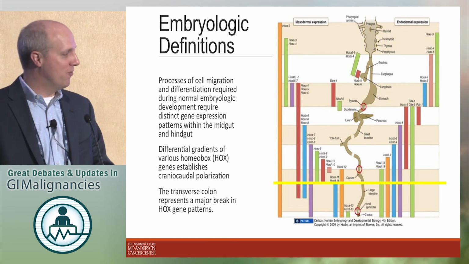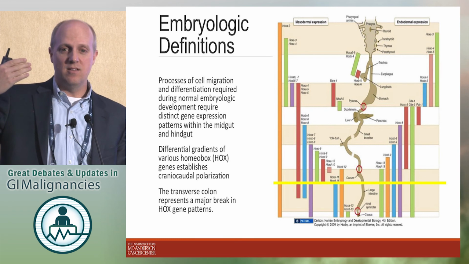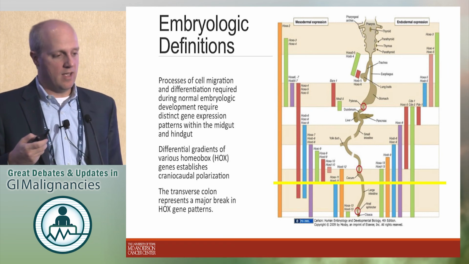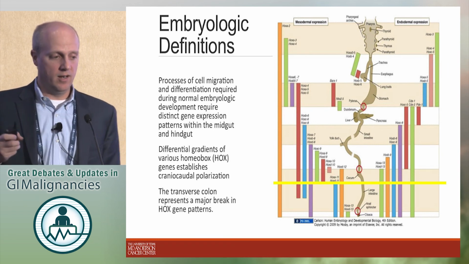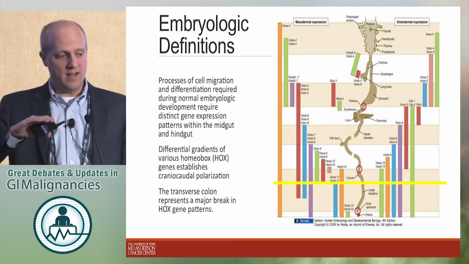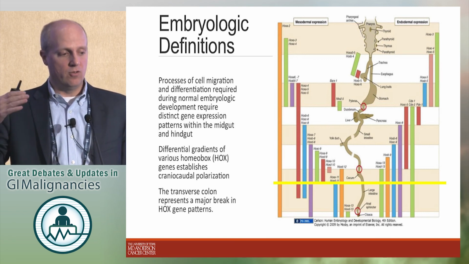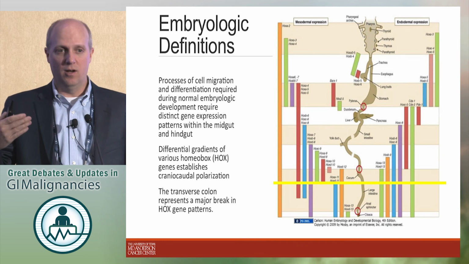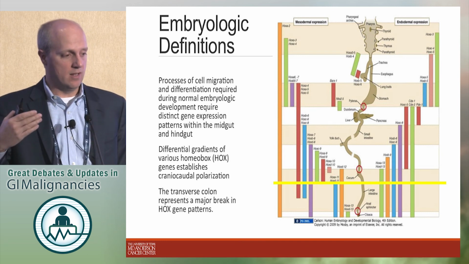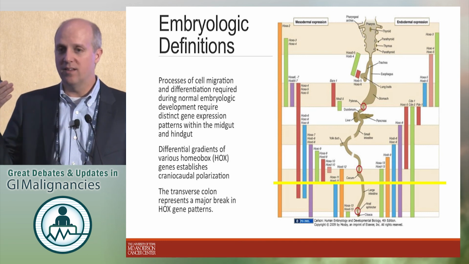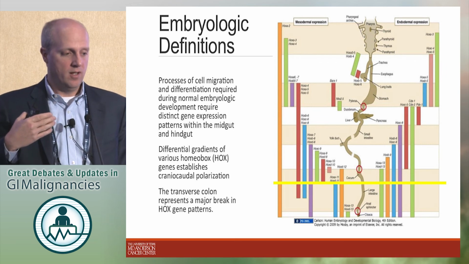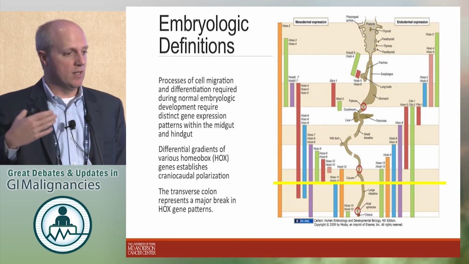But it's worth reviewing again that there are these patterns that really help define the midgut and the hindgut. And right at that level, left and right, there is a whole different set of transcription factors, these gradients of the homeobox genes that really establish this polarization. And we, of course, use this to describe the midgut and the hindgut.